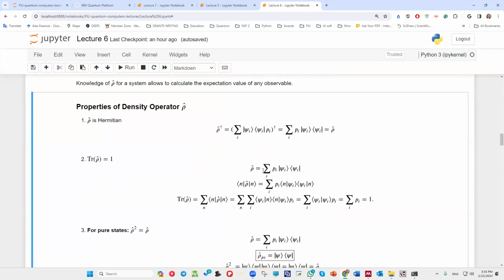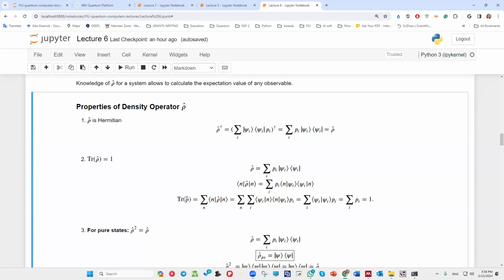Yet, if we take this formula for the density operator and multiply this operator by the basis vector, which is unitary, normalized and orthogonal. Okay, so if we multiply this density operator from both sides by the basis vector n, we come to this expression here.